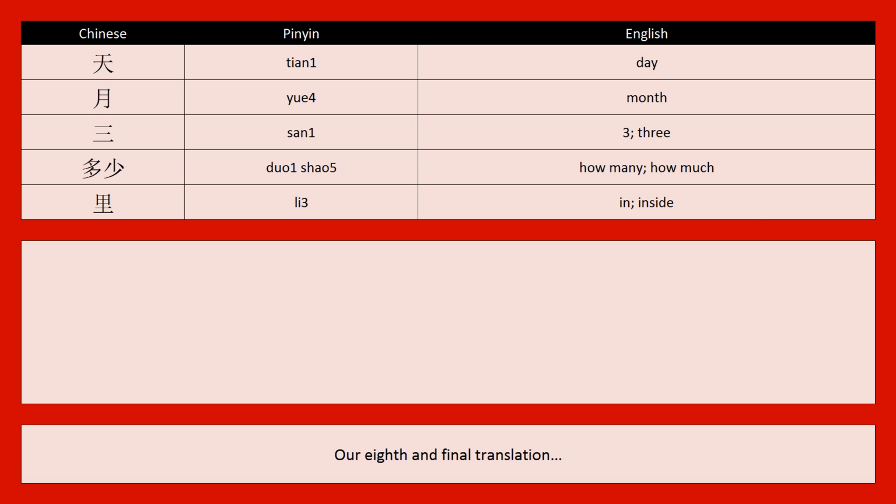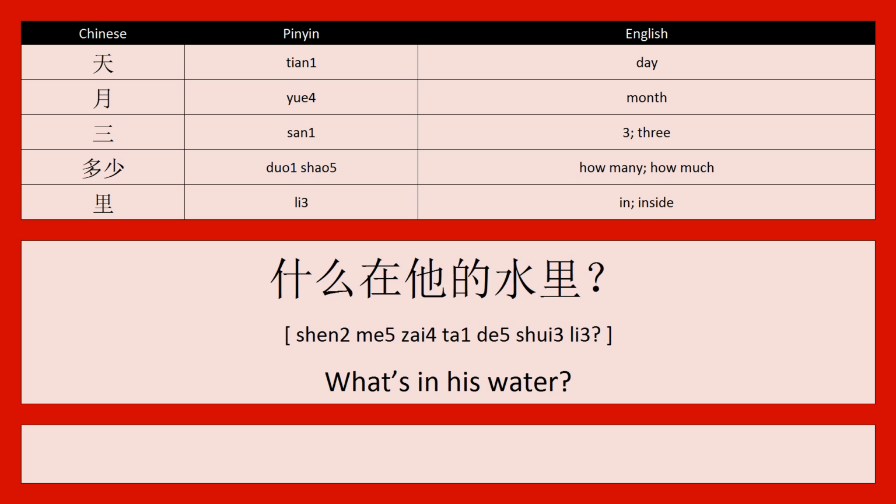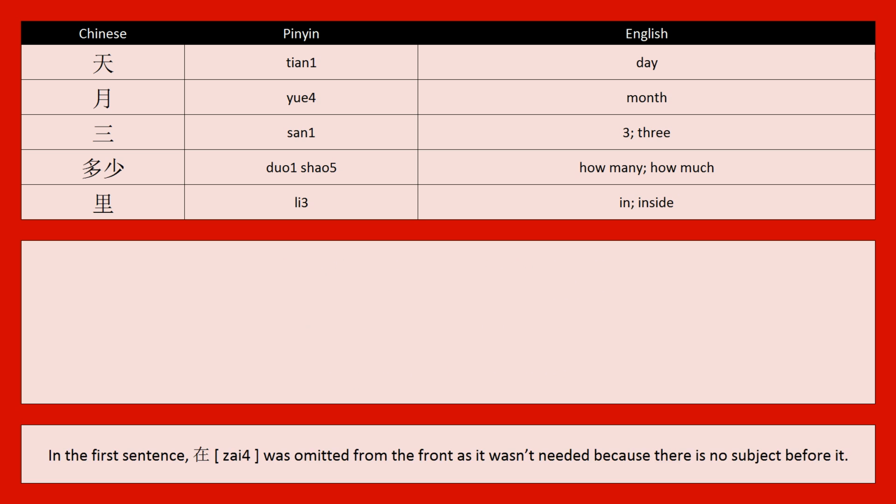Our eighth and final translation. What's in his water? 它的水里是什么？ Or 什么在它的水里？ In the first sentence, 在 was omitted from the front, as it wasn't needed because there is no subject before it.